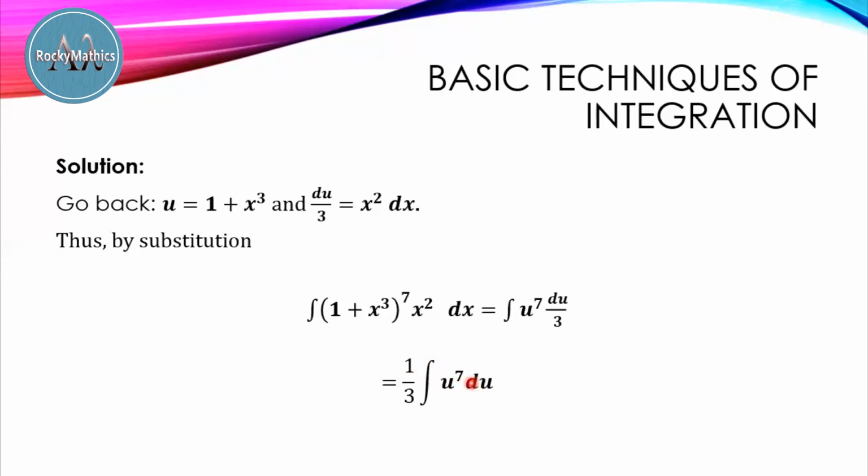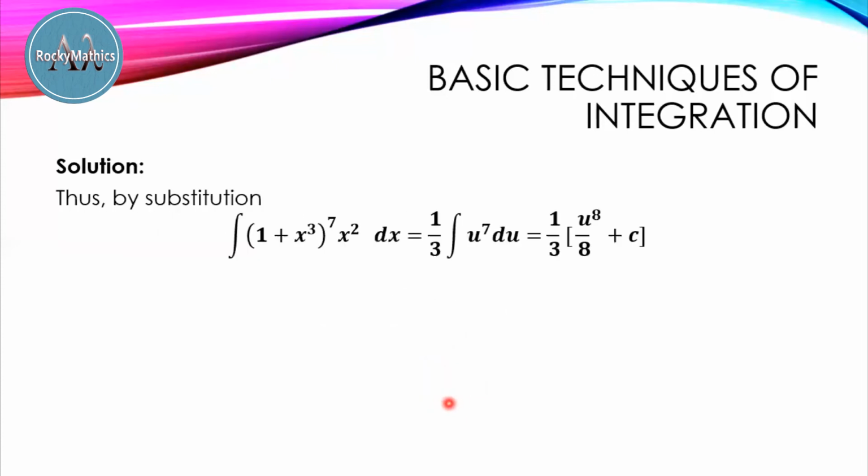It is now easy for us to solve this integral because it is all in terms of u. The original is equal to 1/3 times the integral of u raised to 7 du. The integral of this is simply u raised to 8 over 8 plus c.